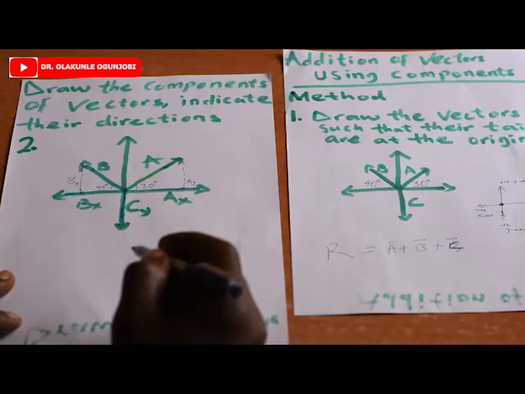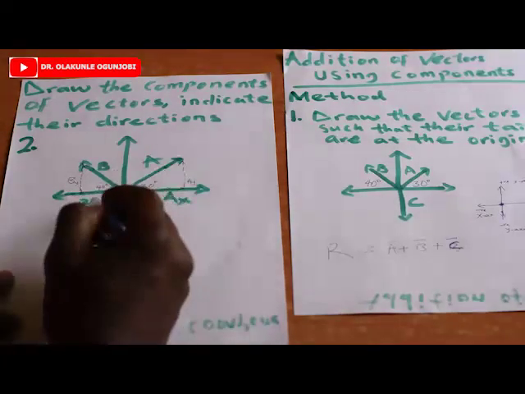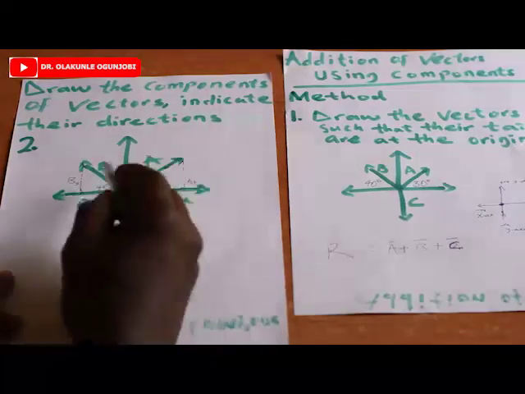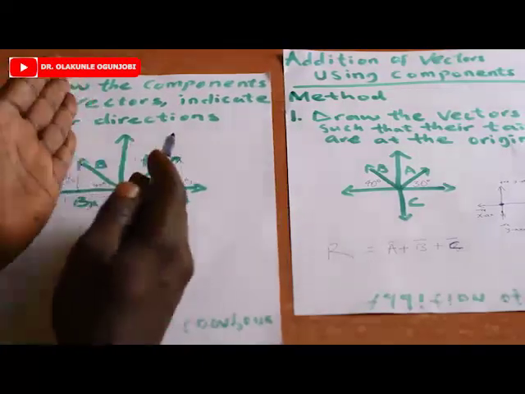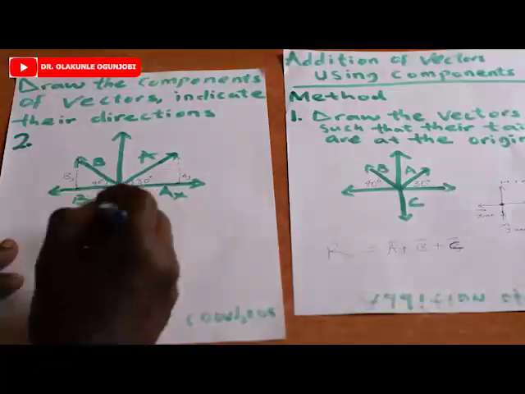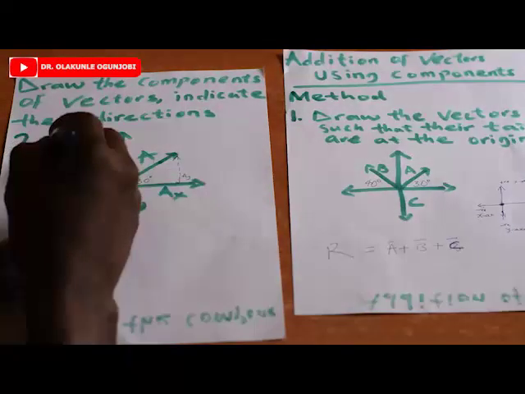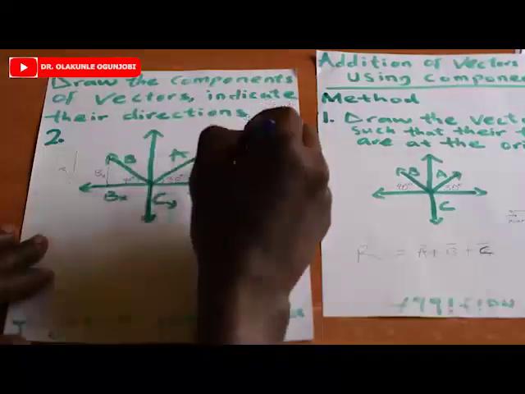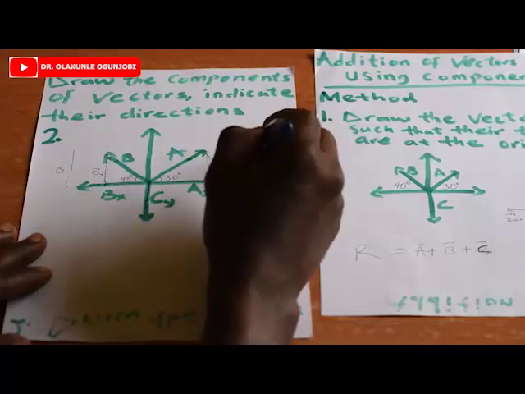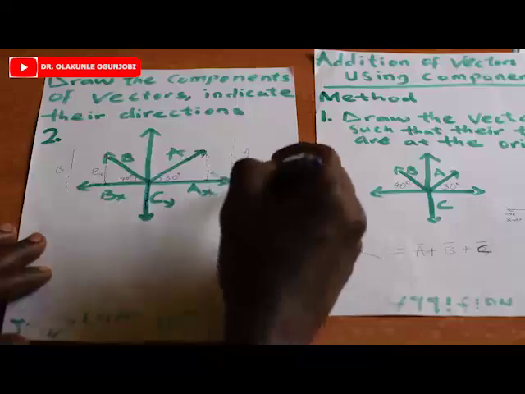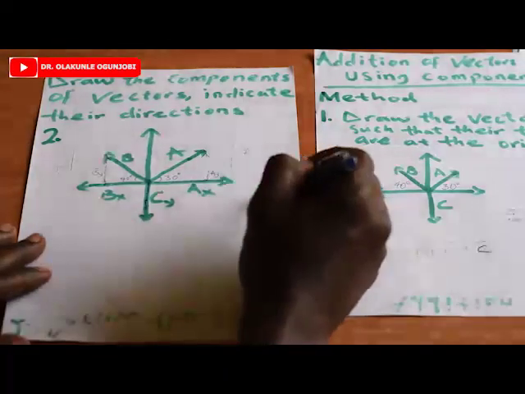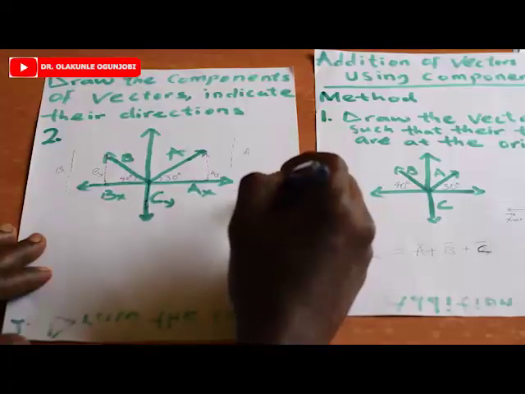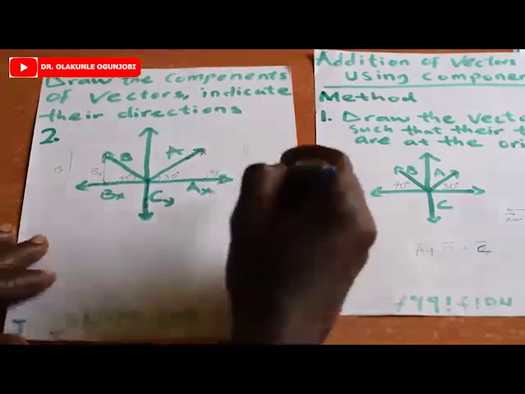So the direction of bx. This side is vector b side, and this side is vector a side, and of course the downward side is vector c.